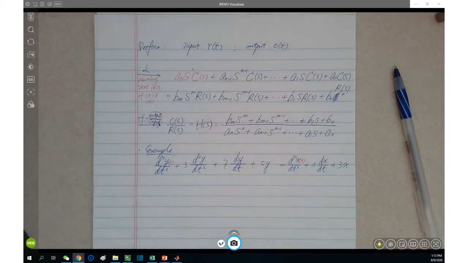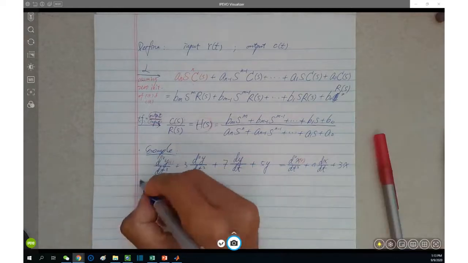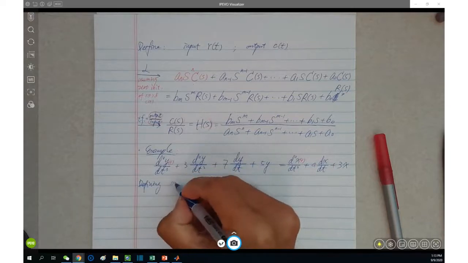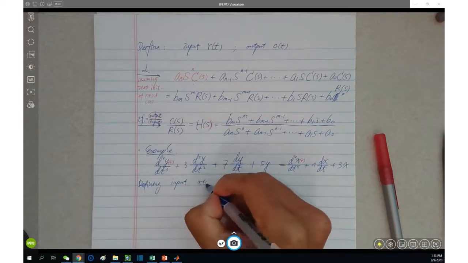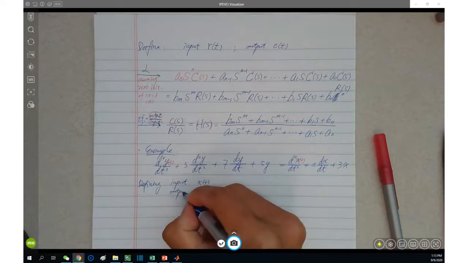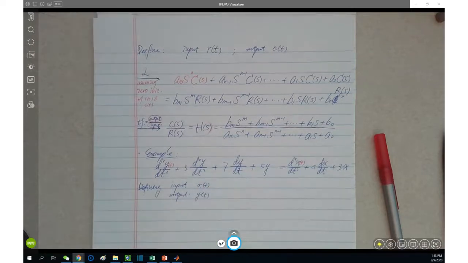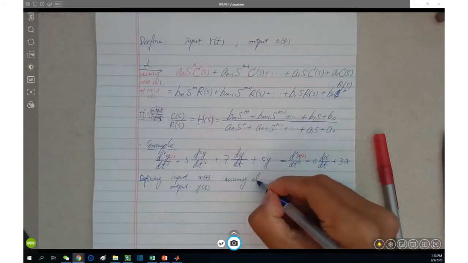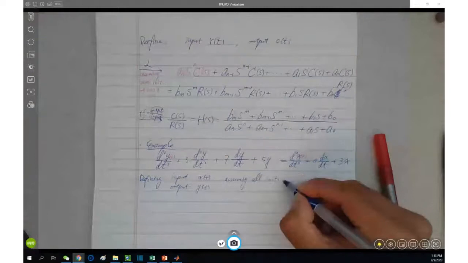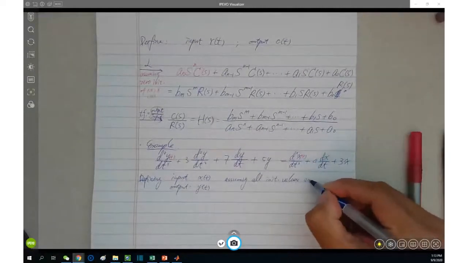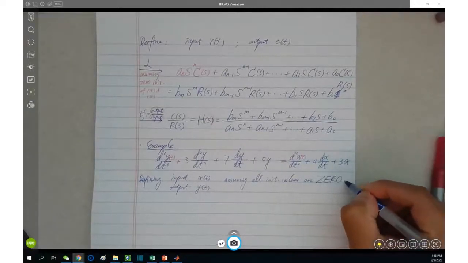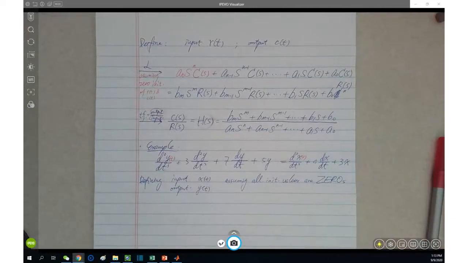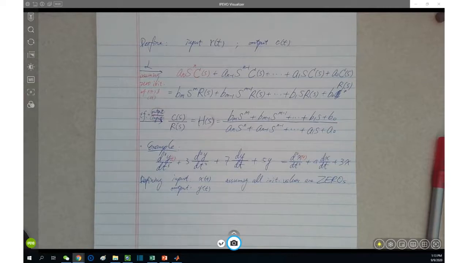So here, we define input as x of t, output as y of t, and also assume all initial values are 0. Why do we specify our initial conditions as 0?